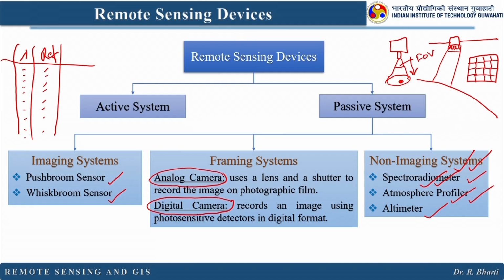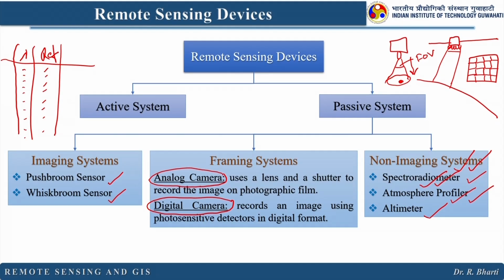So, here also we can measure the points, the response of your object in terms of elevation, in terms of atmospheric constituents, in terms of reflectance, in terms of emissivity, in terms of transmittance. So, it depends on your application and the instrument you are using, you can have several measurements.